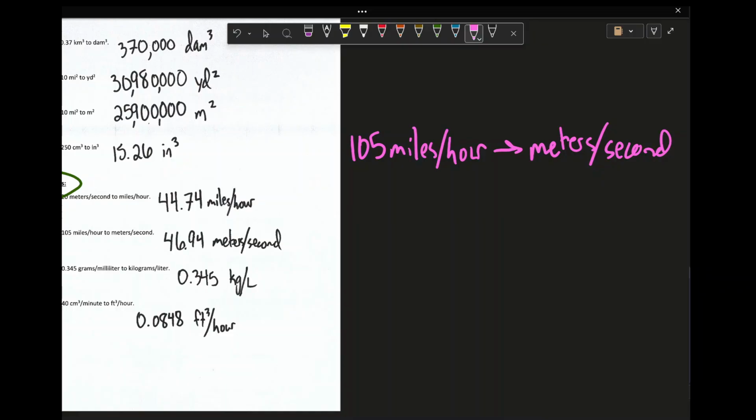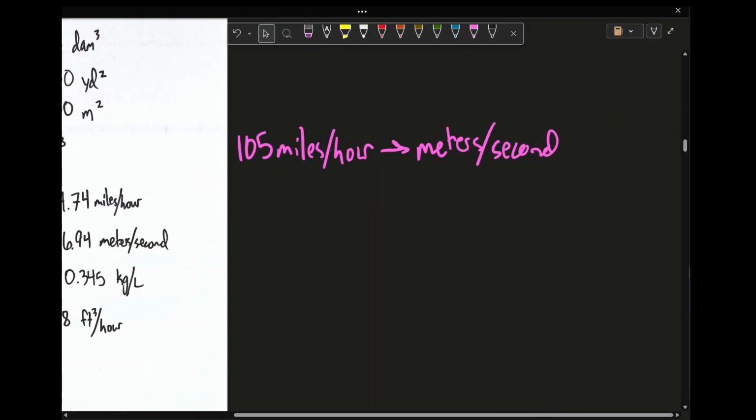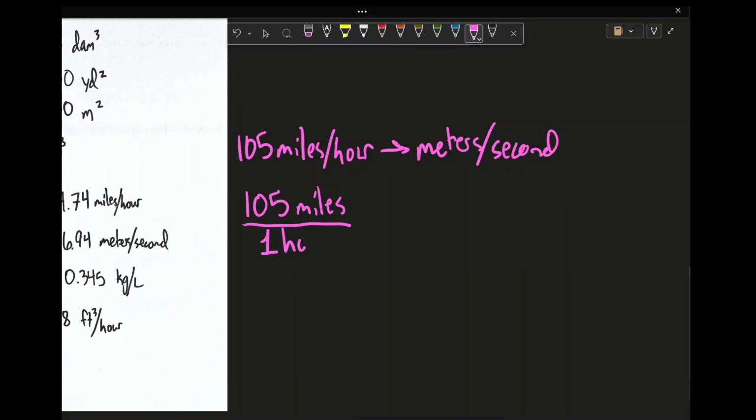Now, the way that I would recommend doing this is to write it like this. So 105 miles, I would recommend doing that. And my reasoning is that this helps visualize the conversion factors that you need to set up.